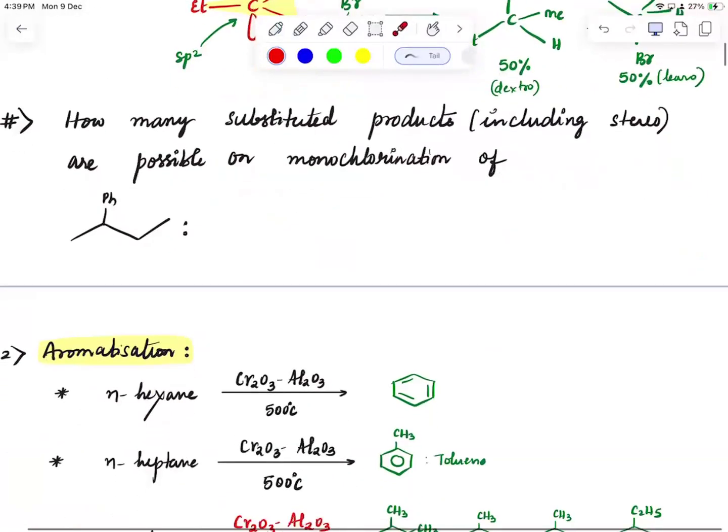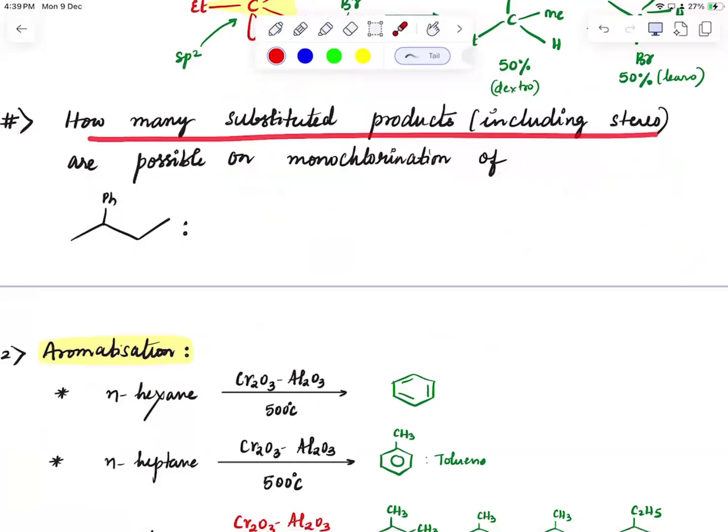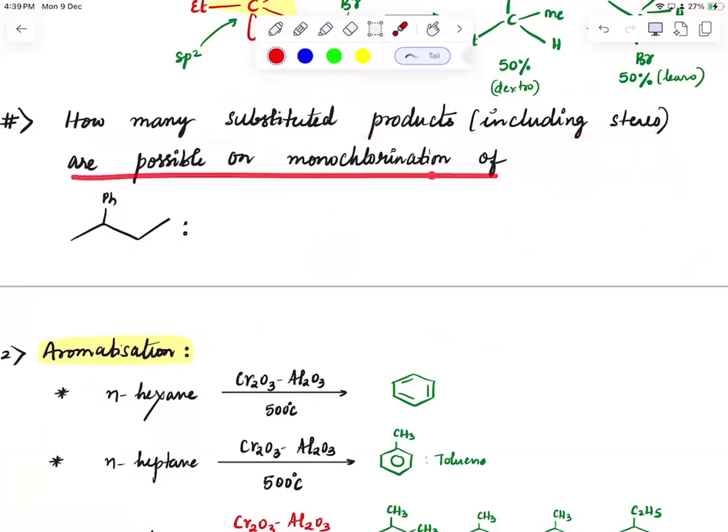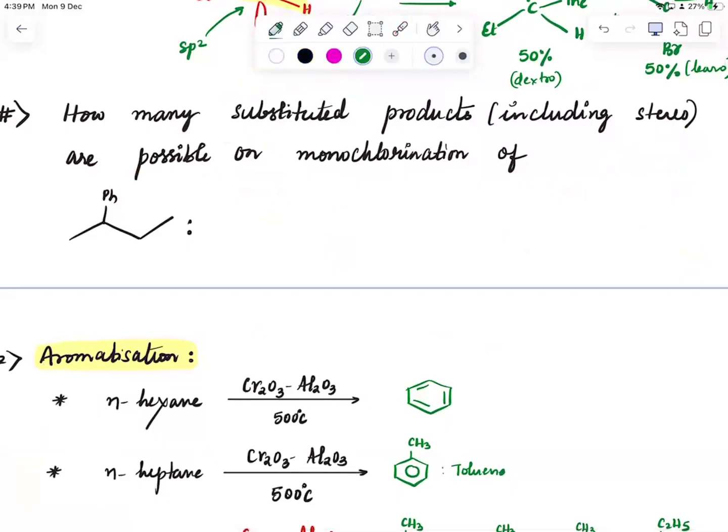Okay. Now check this out. How many substitution products, including stereo, are possible for monochlorination? If I do monochlorination on this one, where all can we write? I can write one chlorine here, one chlorine here, one chlorine here, and one chlorine here.